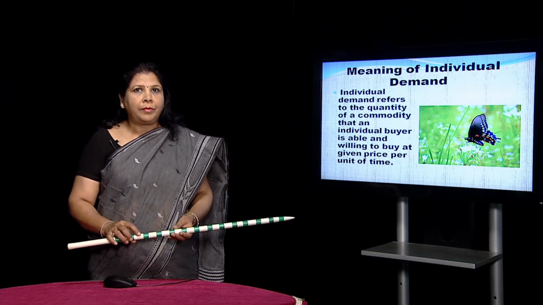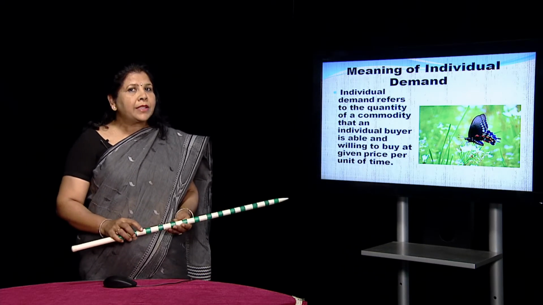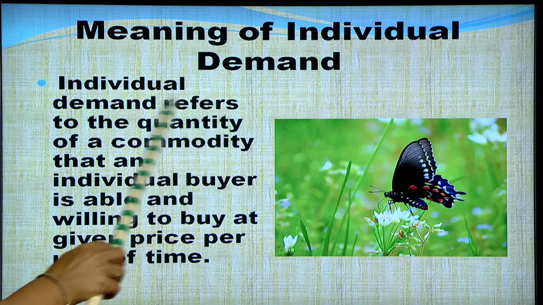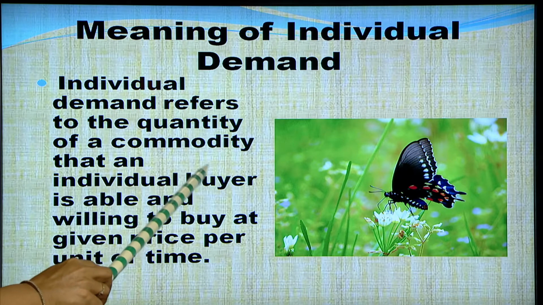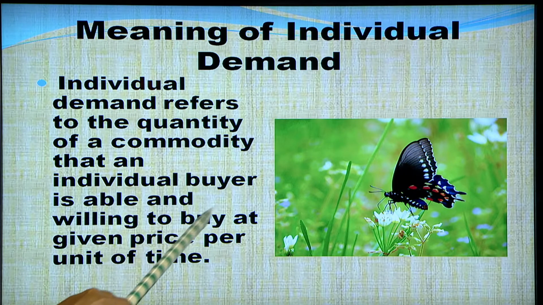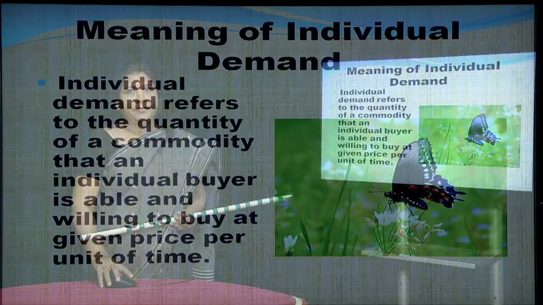It is not possible. We must understand that individual demand refers to the quantity of a commodity that an individual buyer is able and willing to buy at a given price per unit of time.